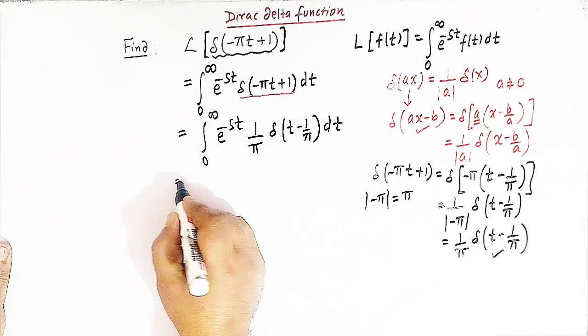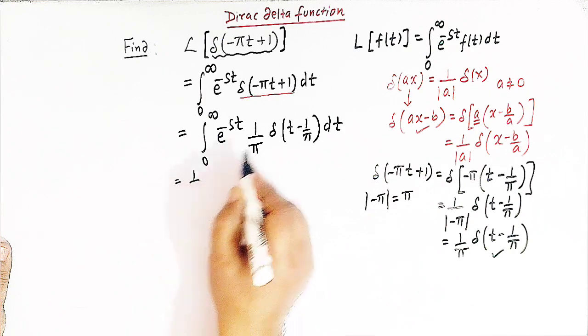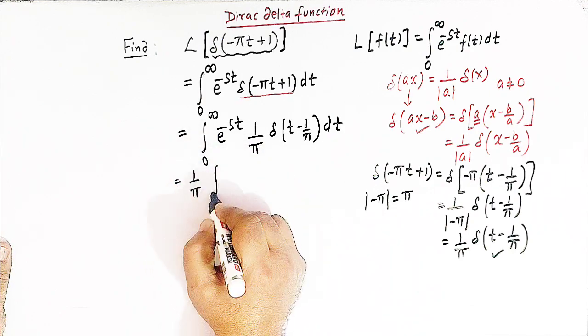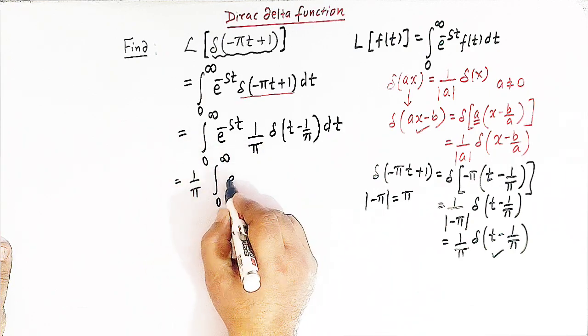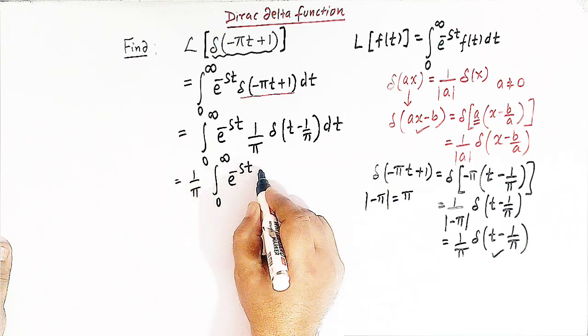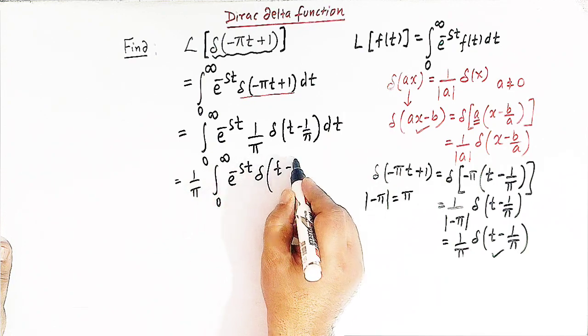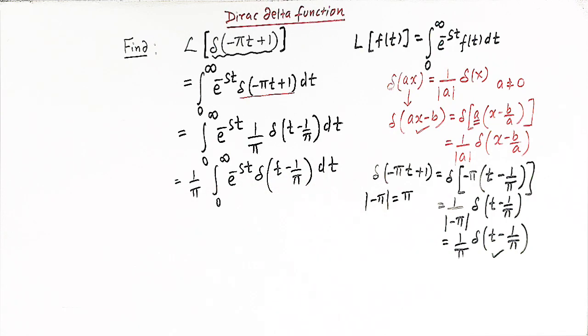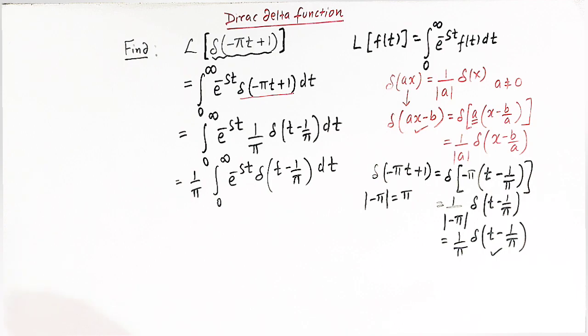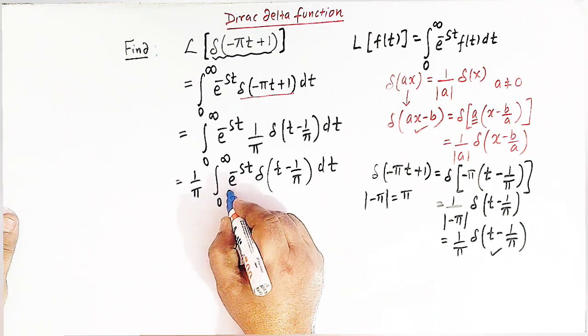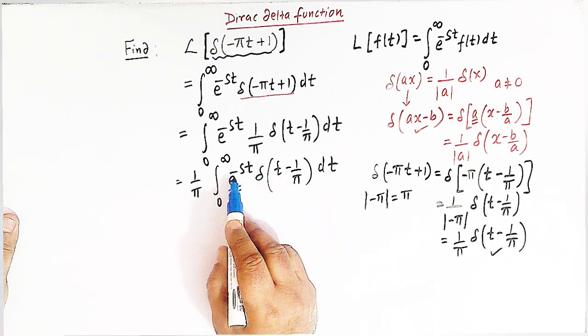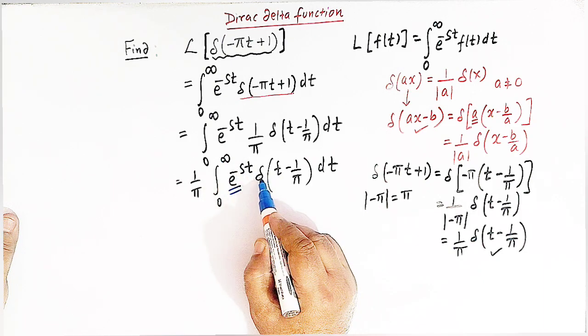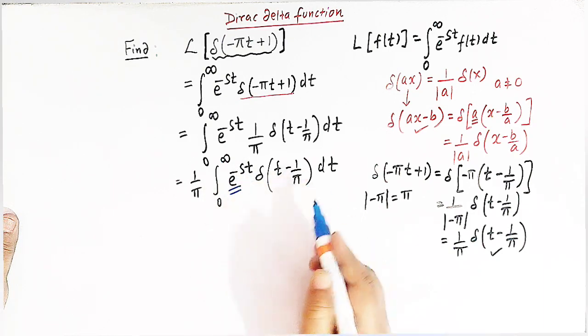And 1 over pi is a constant, so we can take it outside the integral. We have 0 to infinity e raised to minus st, delta of t minus 1 over pi, dt. Here we can see that we have the function e raised to minus st, and delta of t minus 1 over pi.